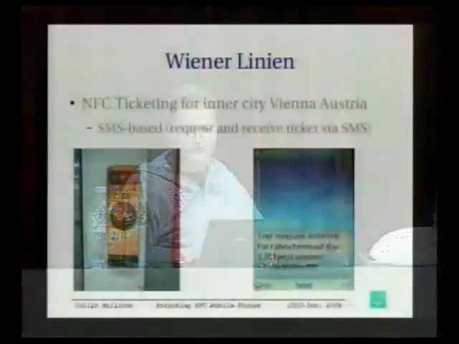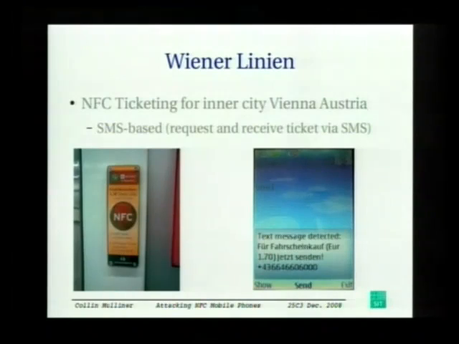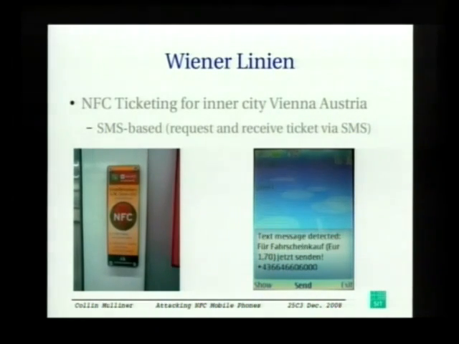The first thing, and I think the second most interesting part, was the Wiener Linien. It's basically the inner city public transport. They have an RFID tag stuck on every ticket vending machine. So you can either go there and put money in the ticket vending machine and get your ticket, or you just hold up your phone. Then you get this nice message: do you want to buy a ticket for €1.70?